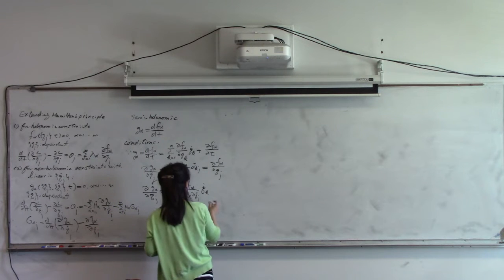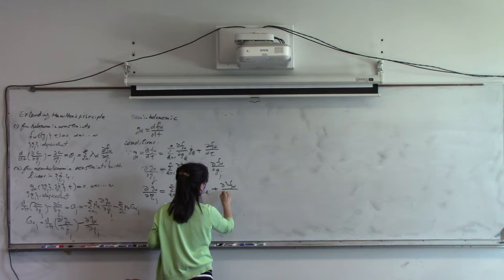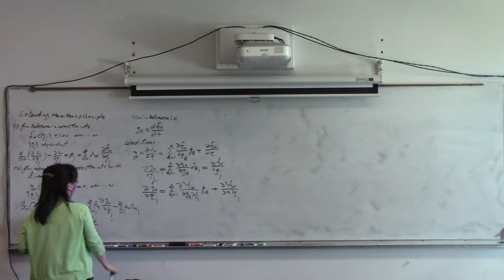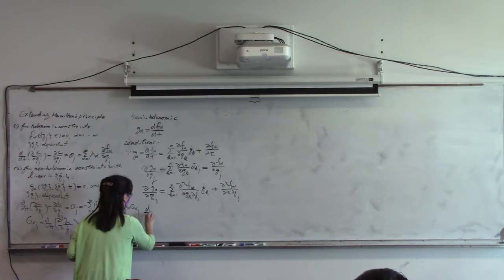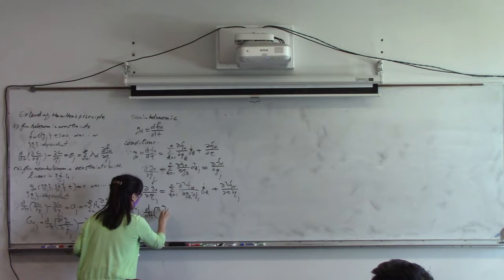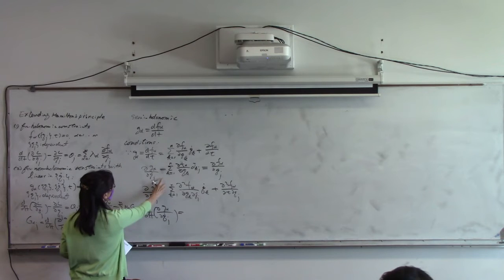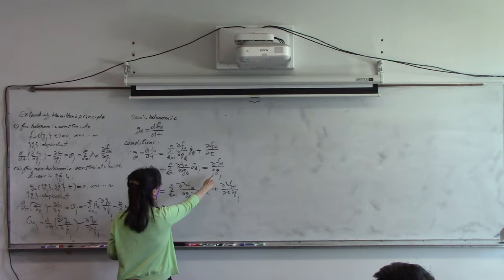Then we go to this one, which is also a second order derivative. Now we look at the total time derivative of partial G alpha over partial q_j dot, and we're going to do this term for the total time derivative.